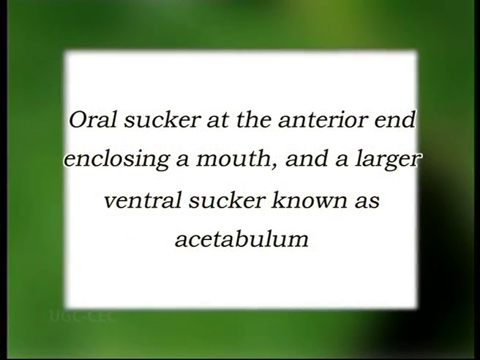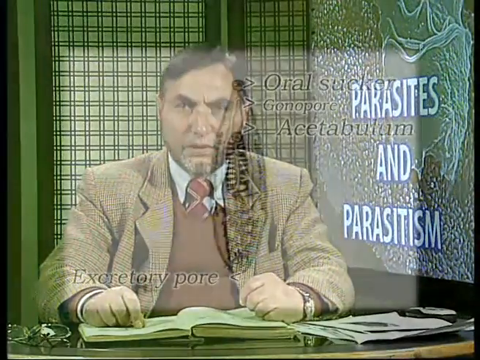As I told you, they have the oral sucker, and then they have another sucker in the middle that is known as the acetabulum. And then we have the hermaphroditic reproductive organs in them, which comprise two branched testes and then the ovaries.